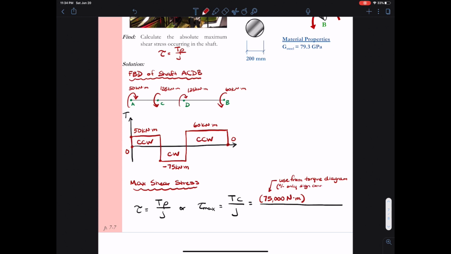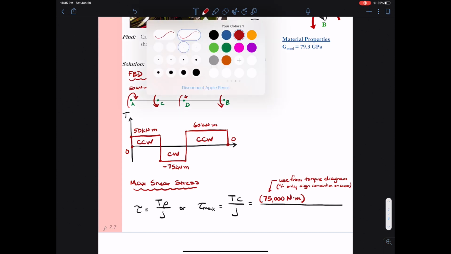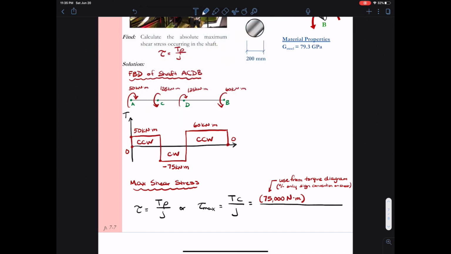So I've got rid of the negative sign. I've converted it from kilonewton meters to newtons times meters so that I can have everything in newtons and meters, and then my answer for tau max will come out in newtons per meter squared, or pascals.